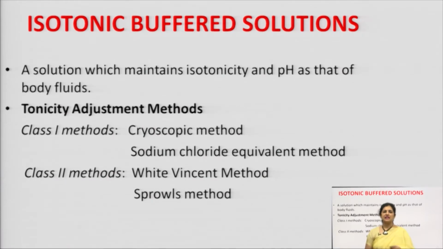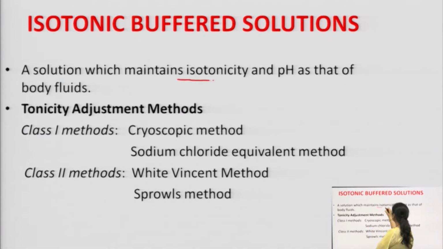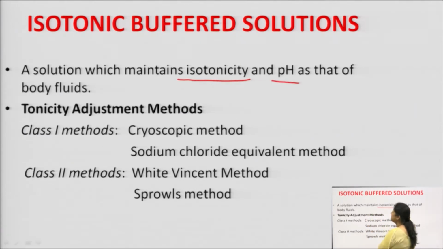Other term is isotonic buffered solution. Now, we started in the last lecture that we need to maintain the isotonicity of the solutions so that they become acquainted, or they are in equilibrium, with the physiological electrolyte solutions of the body. For that, we need the buffered solution. So, this is what? A solution which maintains the isotonicity as well as the pH of the body fluid.